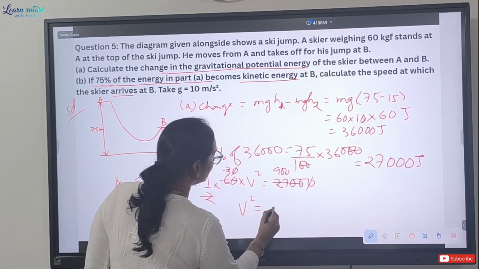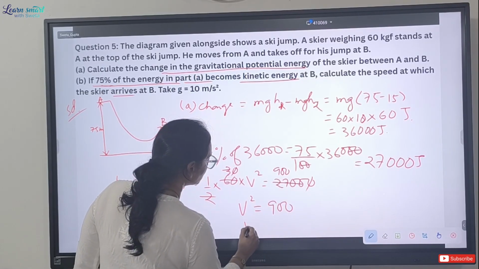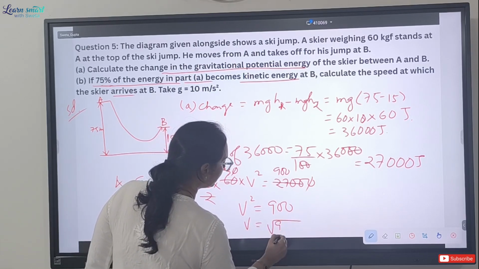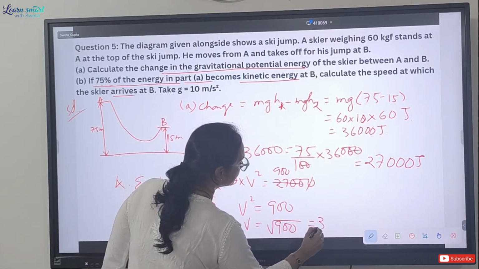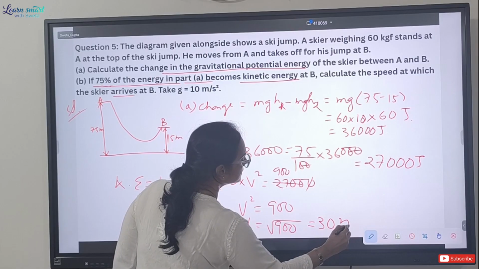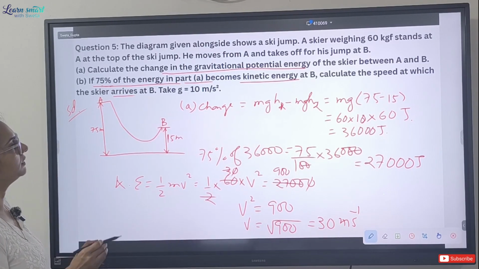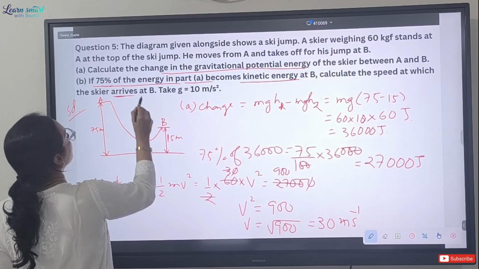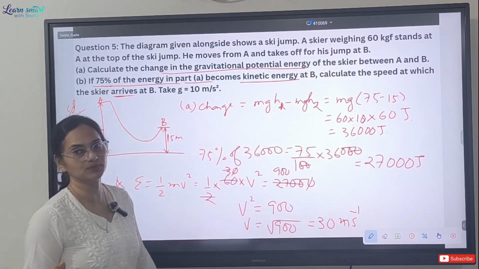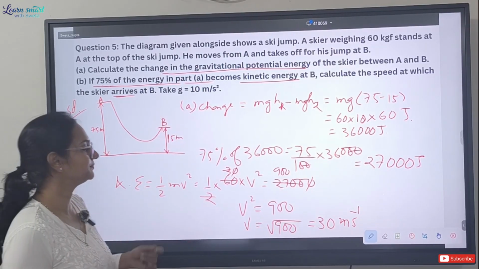So v square equals 900. So v equals root 900, which will come 30 meters per second. So the speed at which the skier arrives will be 30 meters per second. Let's see the next question.